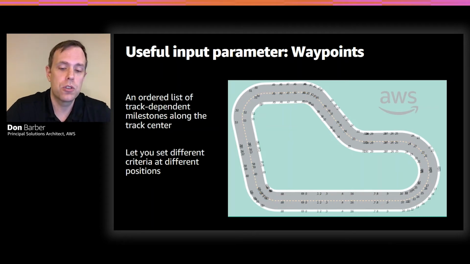So at that straightaway at the bottom, we want to go really fast, but leading into that first turn, we want to go into it starting on the outside. As we move into the middle of the turn, we want to be on the inside, and then as we leave the turn, we want to be accelerating as we exit the turn. And using waypoints, we could actually set the reward function to reward those different behaviors.